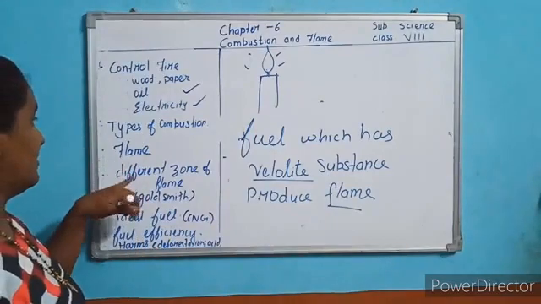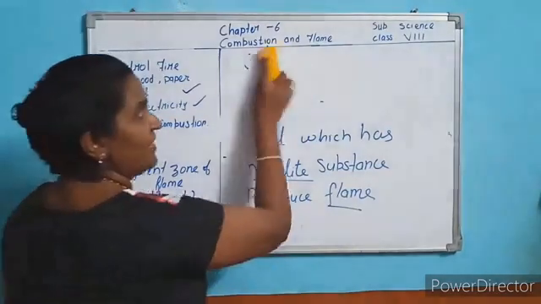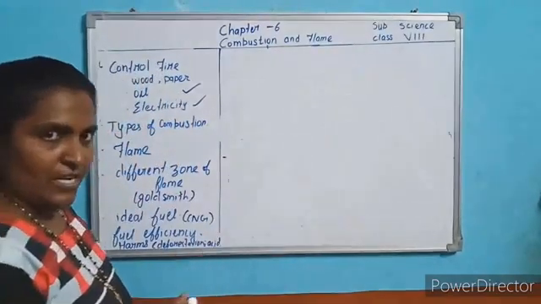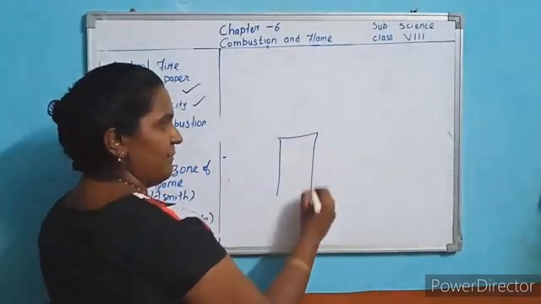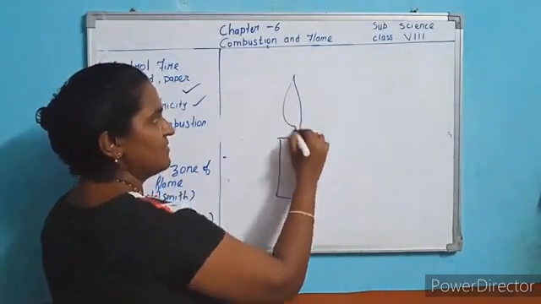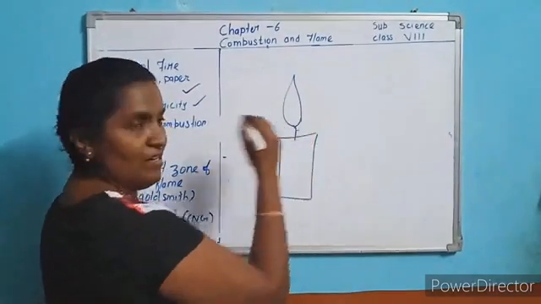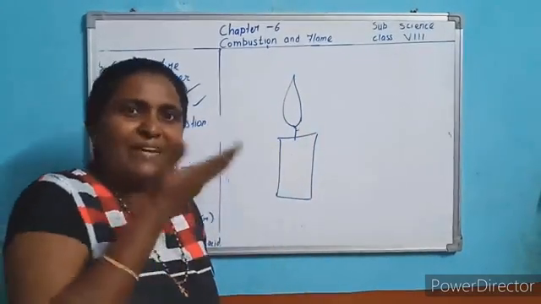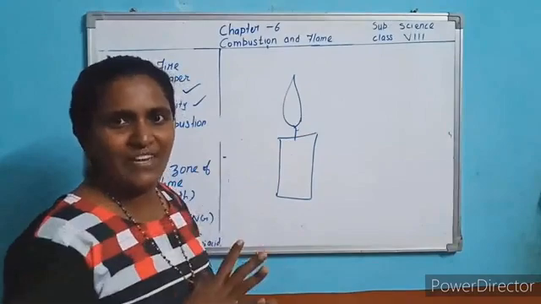There are different zones in the flame. I am taking a candle as an example. It gives flame because the wax is volatile, it evaporates, so it produces flame.